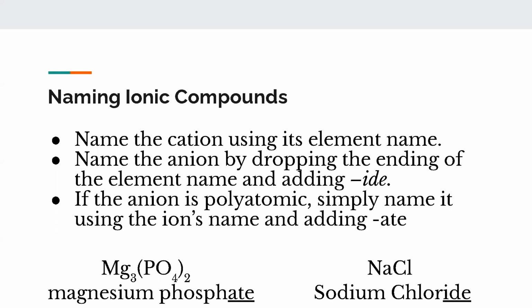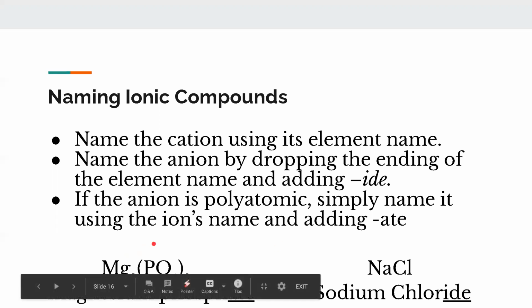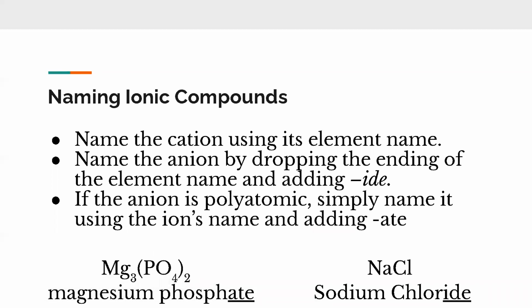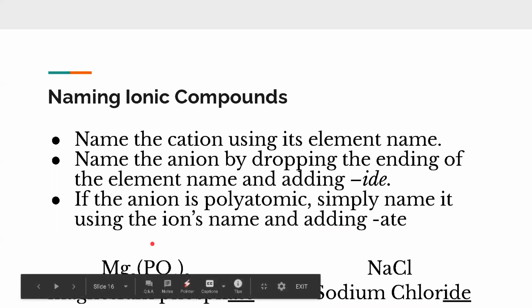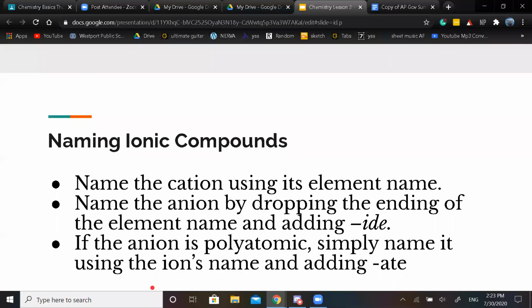You name the anion by dropping the end of the element's name and adding "-ide". But if the anion is polyatomic, instead of using the full name, add 8. So for example, here you can see Mg, I don't know if you can see the gray thing, but okay. Mg, here.